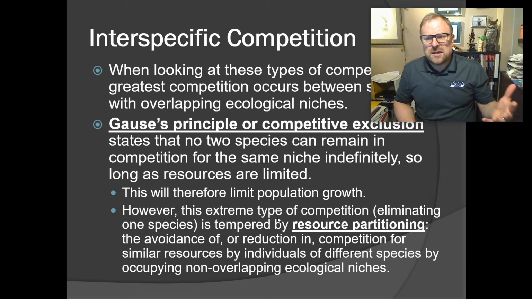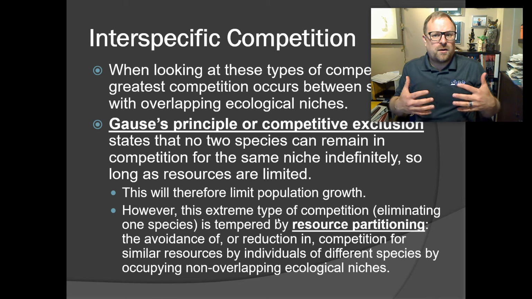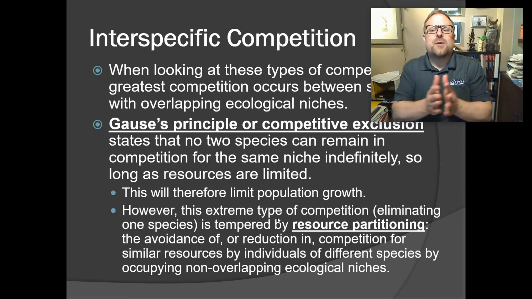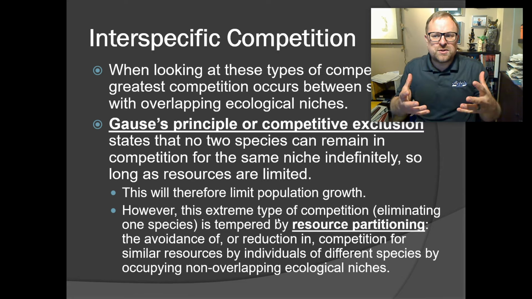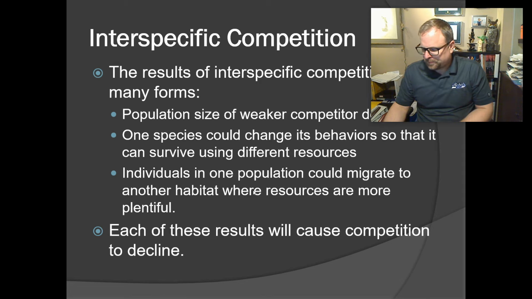It might seek a different food source. If this happens for long enough, it might evolve. A favorable mutation may occur for that organism that makes it better able to compete, or maybe it shifts an ecological niche in some way. So resources end up being partitioned.